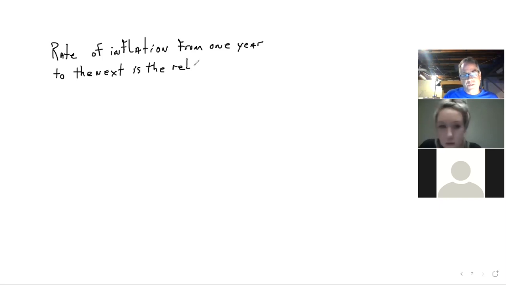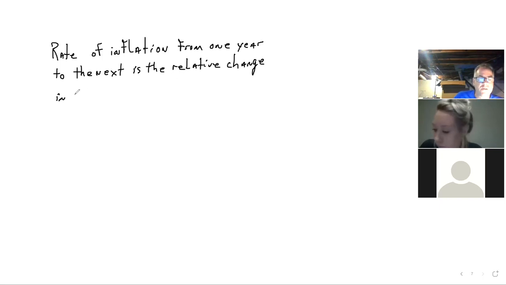We have heard that before. We're talking about a percentage change. We're comparing by percentage. It is the relative change in the CPI, Consumer Price Index, from 1 year to the next.